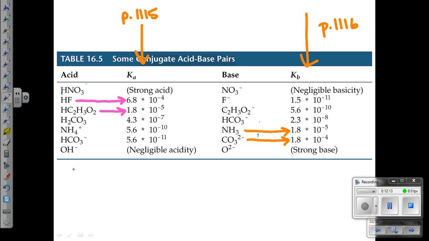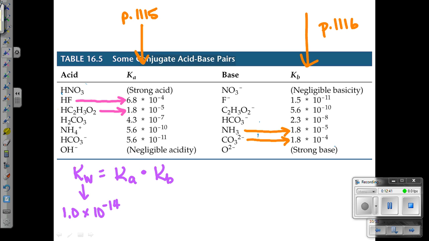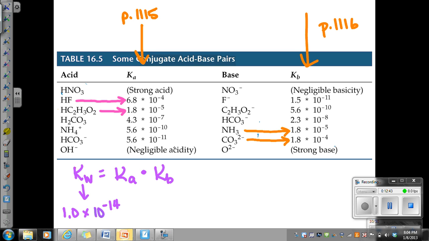That relationship is an algebraic expression: Kw, which is called the ion product of water, is equal to Ka times Kb. But you need a value for Kw, and that value is 1 times 10 to the negative 14th.